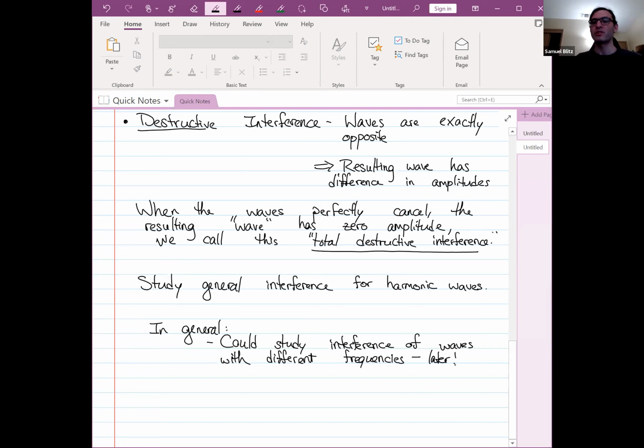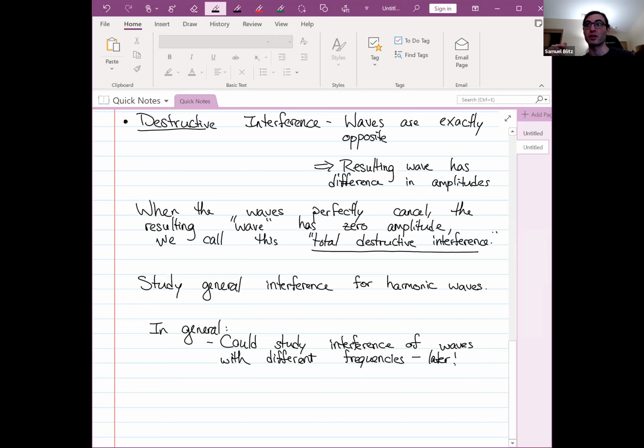We could also, in principle, study waves with different amplitudes. But that doesn't really teach us anything. We've already established that if the waves have different amplitudes, the interference effect is just minimized. It doesn't actually result in something different happening.